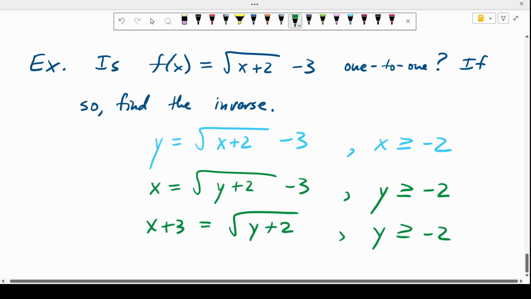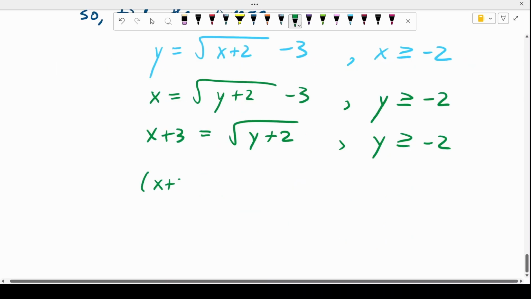I will square both sides. And I will subtract 2 on both sides. And then I'll switch the order. So I have y equals x plus 3 squared minus 2.